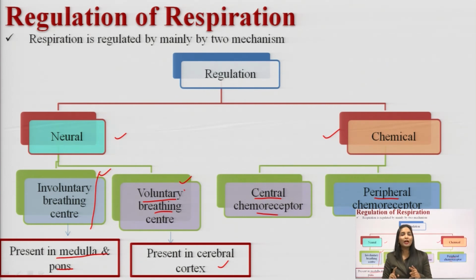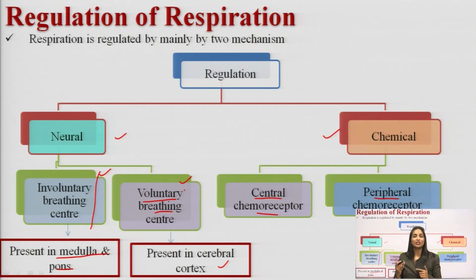So, the regulation of respiration has been divided into two major types. One is neuronal regulation and the second one is chemical regulation. The neuronal regulation is in turn further divided into involuntary breathing center and voluntary breathing center. The involuntary breathing center is located in the medulla and pons. And what about the voluntary breathing center?